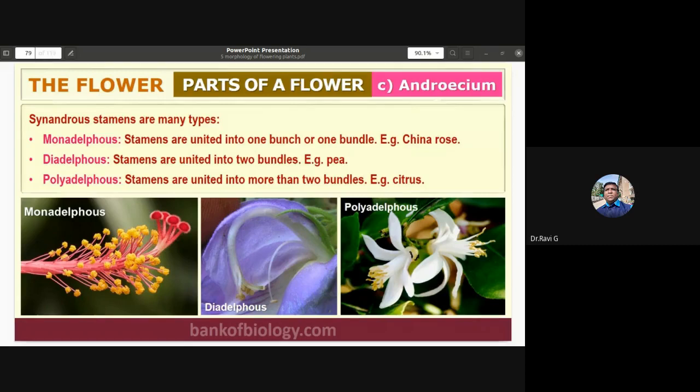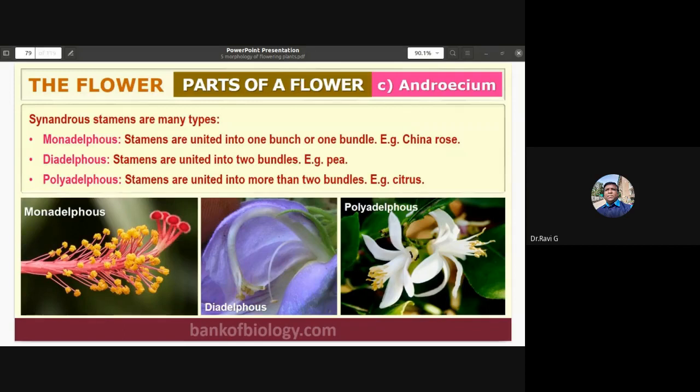Okay. Then polyadelphous, you can see this in citrus flowers. The flowers of citrus plants show this polyadelphous condition. Poly means many, so there would be many bundles in citrus flowers, more than two bundles.